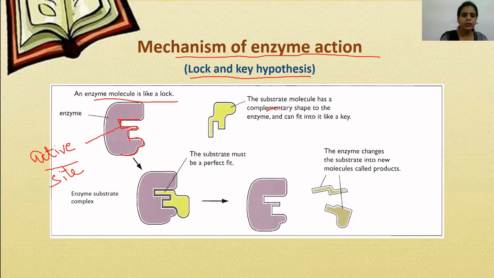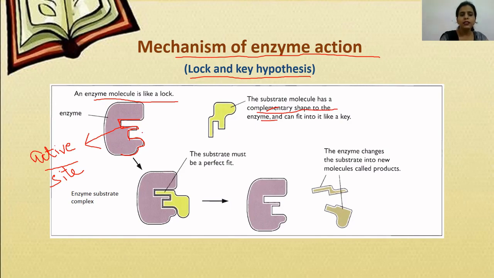So according to the lock and key hypothesis, the enzyme molecule is like a lock. The enzyme has an active site, and the substrate molecule, that means the reactant molecule taking part in the chemical reaction, has a complementary shape to the enzyme. That means the shape of the active site of the enzyme is complementary to the shape of the substrate molecule.